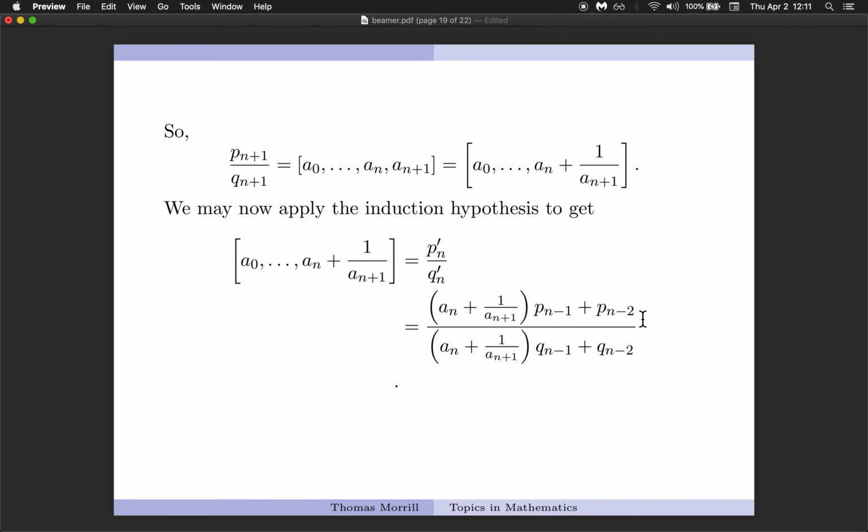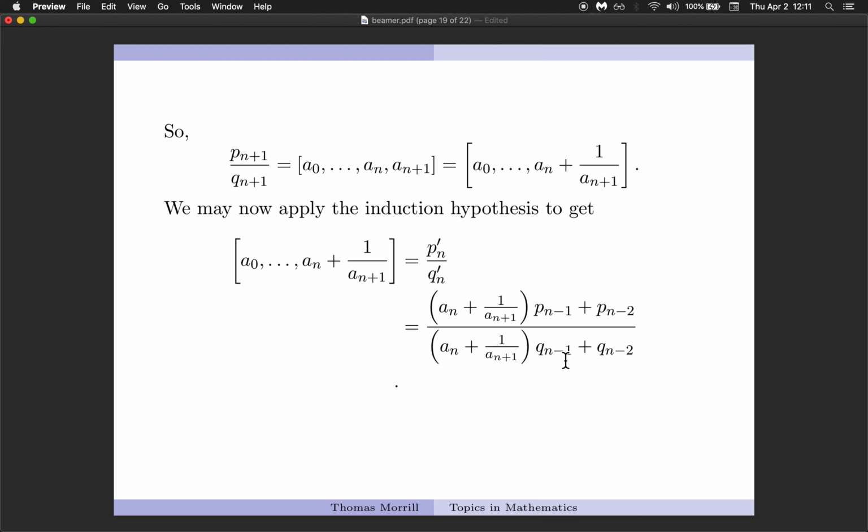These two numerators came from my a0, a1, up to an minus 1, so those are exactly the same, only I'm using a different an in my recursion formula, so I get a different numerator pn prime. And likewise for the denominators, this will be an plus 1 over an plus 1 as my multiple.